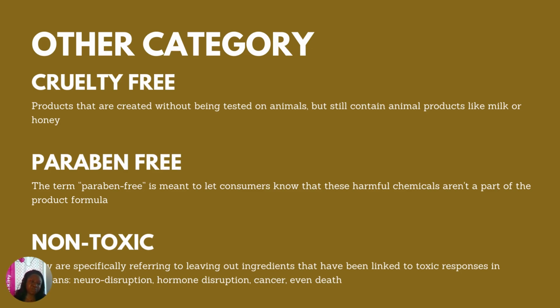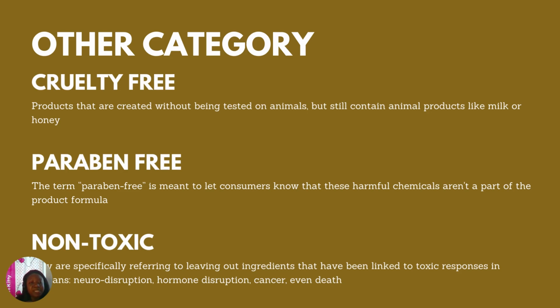I'm sure you've seen those products with maybe a tiny little rabbit icon on it, and it means the product is cruelty free. Products that are created without being tested on animals but still contain animal products like milk or honey are cruelty free products. Then we also have paraben free products.